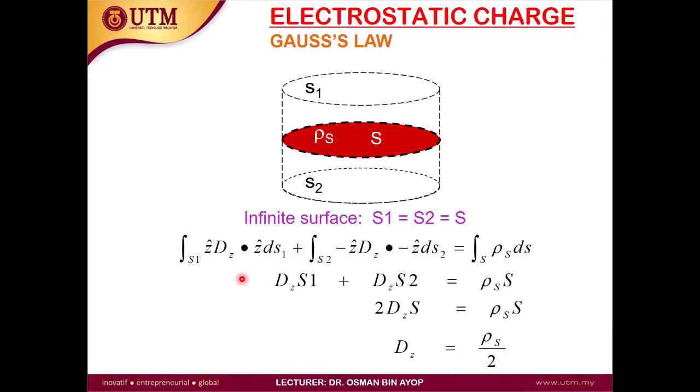So we have Dz S1 plus Dz S2 equal to rho s S, and S1 equals S2 equals S. So we have 2 Dz S equal to rho s S, and we can cancel out the S, so we get Dz equal to rho s over 2. The magnitude of D is rho s over 2, and then we have the z component. The z component can be positive or negative.